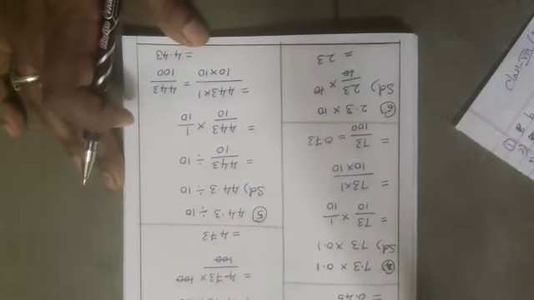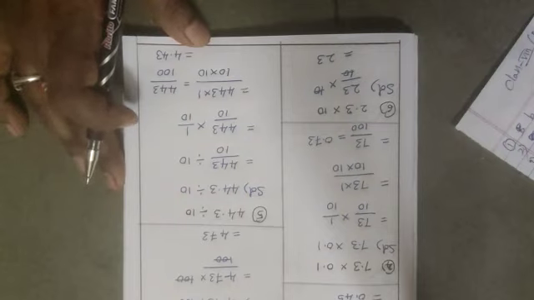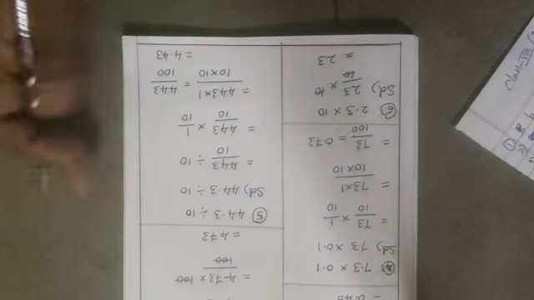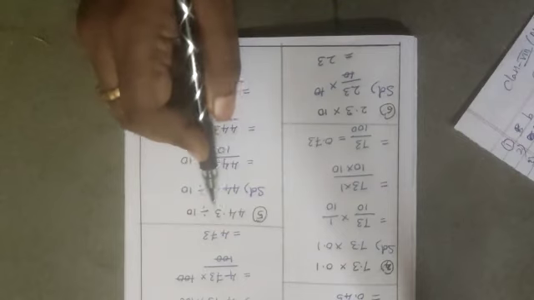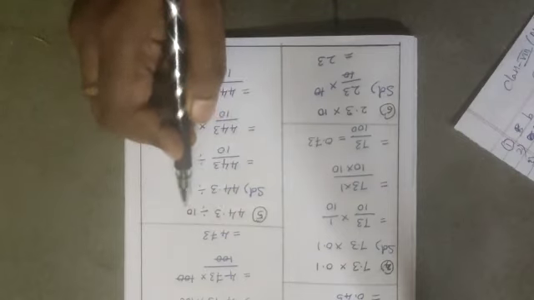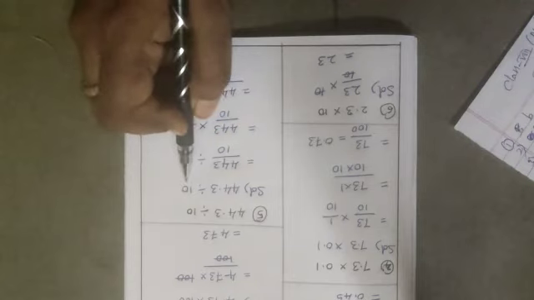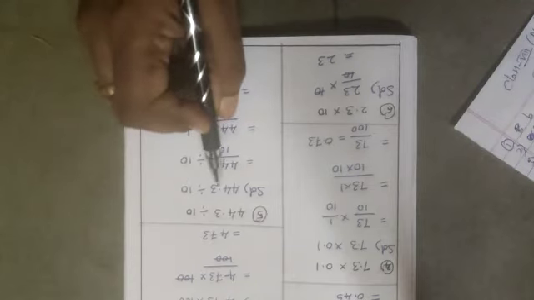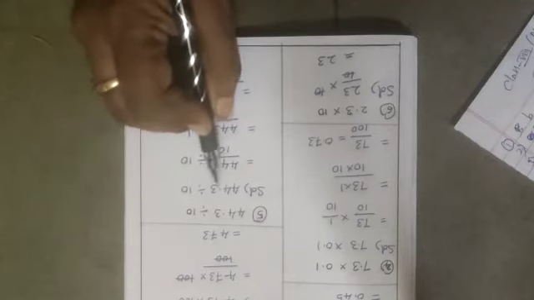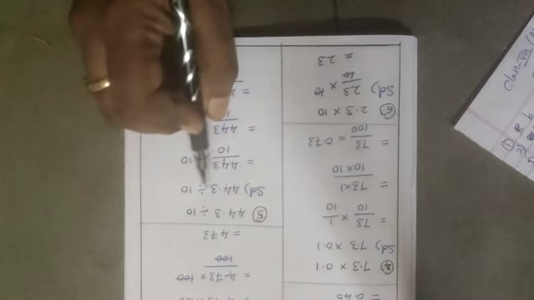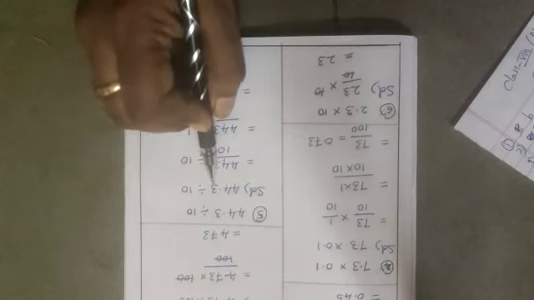Okay children, listen carefully, children. The problems which I am explaining now are very important. Okay children. Now 44.3 divided by 10. I wrote the same. Now converting decimal to fractional form. After the decimal point, how many digits, children? Only one digit.